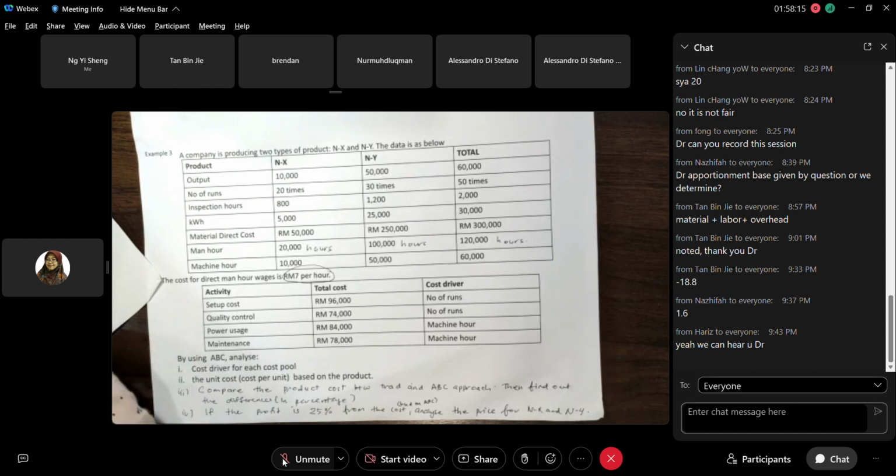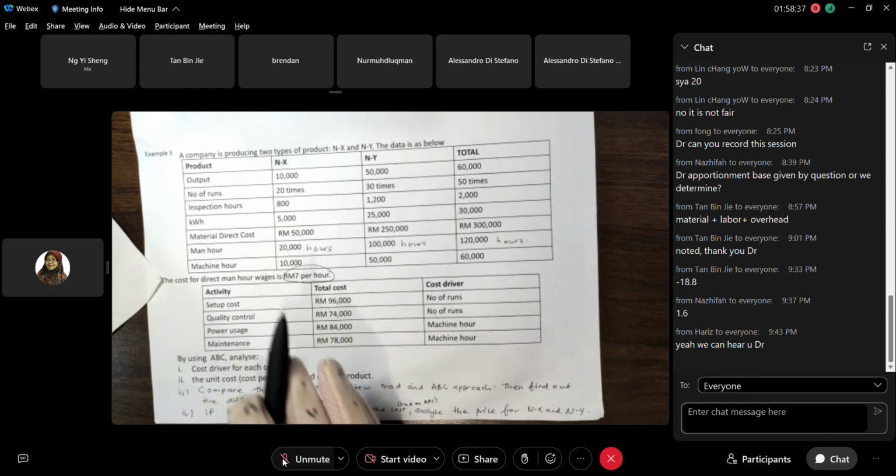You have the total of overhead is 332,000, right? How to get the number? 96 plus 74 plus 84 plus 78. So the amount is 332,000. Okay. Based on machine hours.